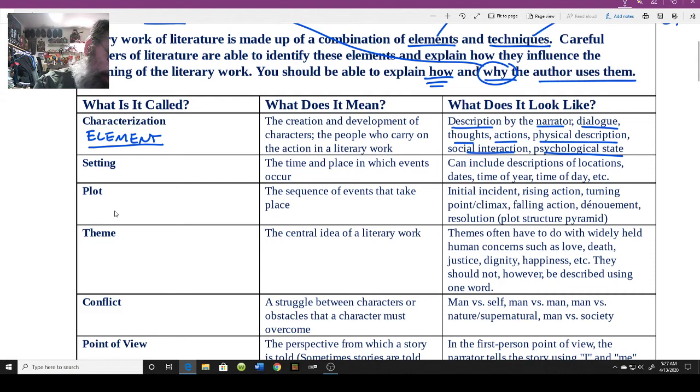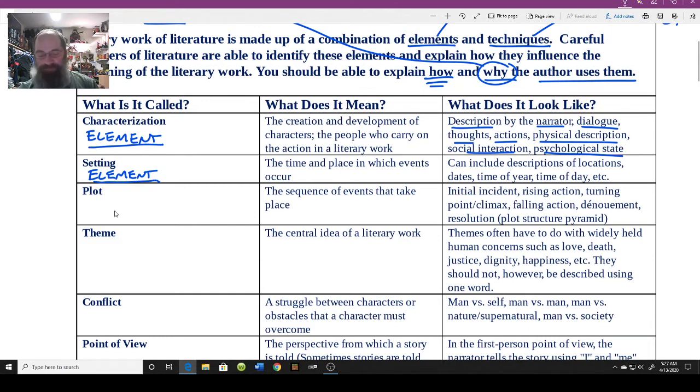And then setting, that is an element. So where a writer decides to set a work matters. What's going on in the environment matters. Time and place matter. For example, you guys remember Pride and Prejudice.